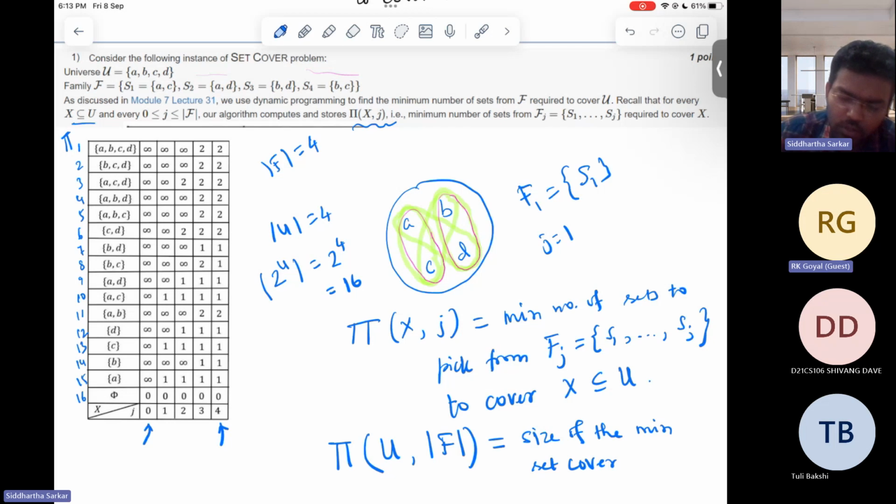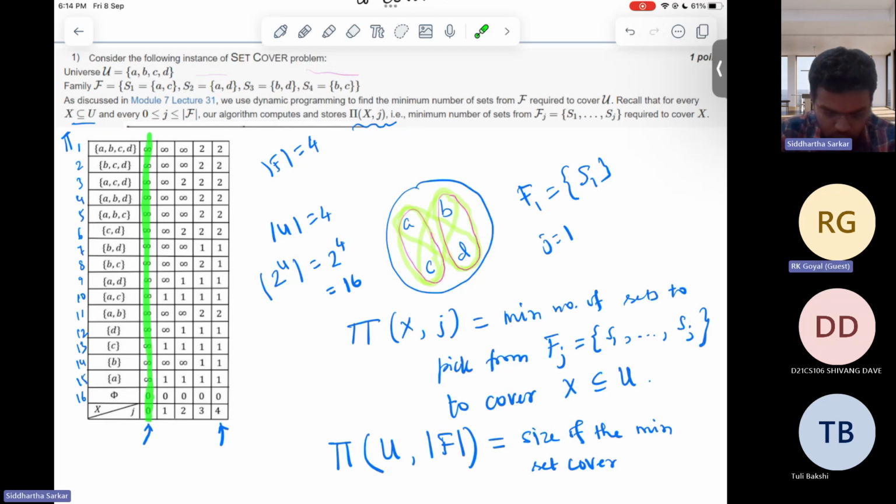The significance of 0 means you're not allowed to take any subfamily. So this is a base case: you're asked to cover a subset X of the universe, but you're not allowed to take any subfamily. So J is 0 is this column.